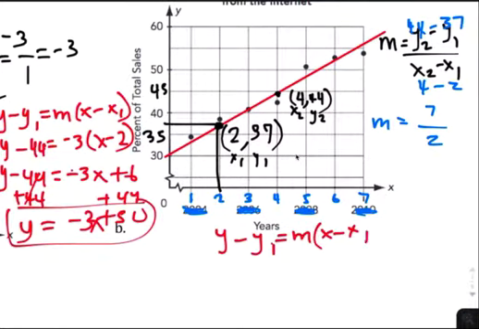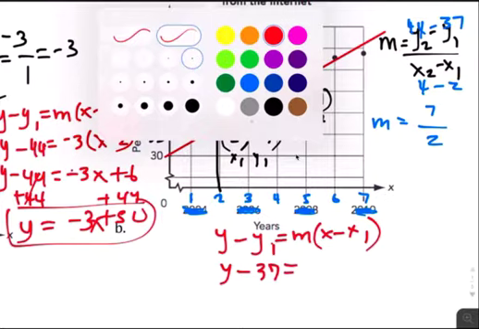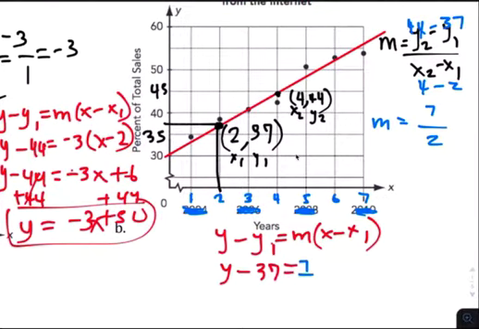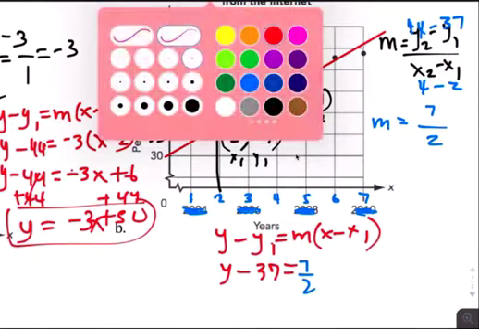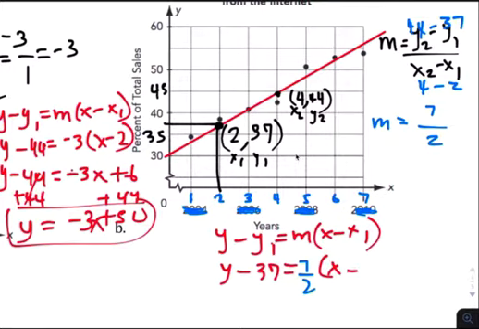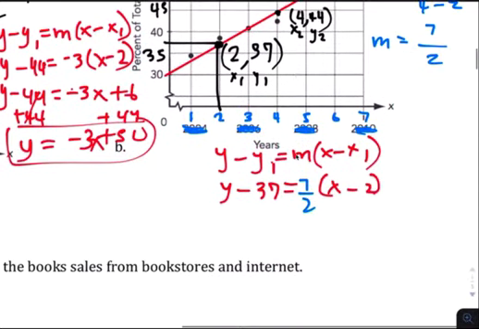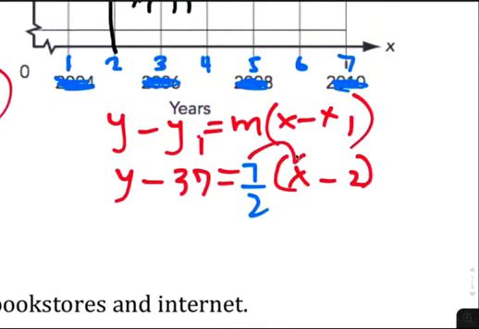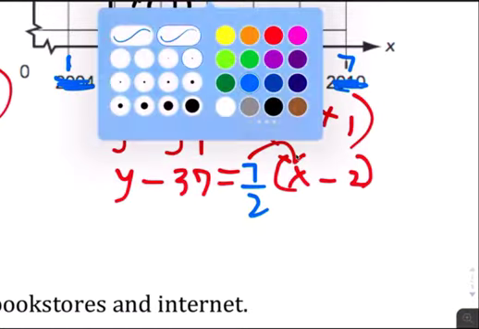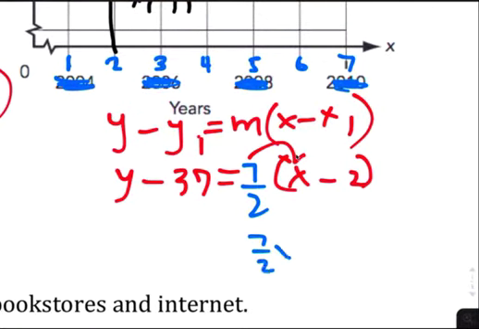Then point slope: y minus y sub 1, which is 37, equals m, which is 7 over 2, times x minus 2. So you distribute first, you get 7 over 2x, distribute, use your calculator, you should get 7.